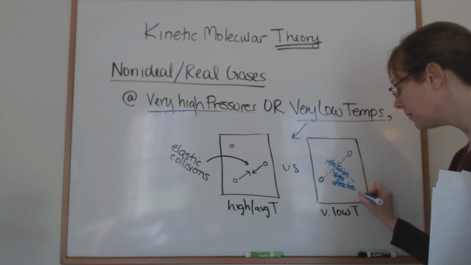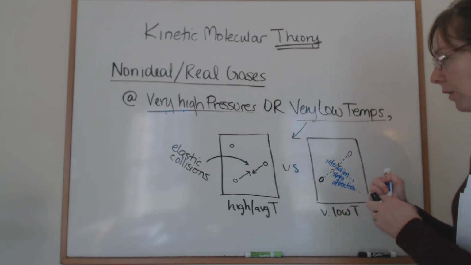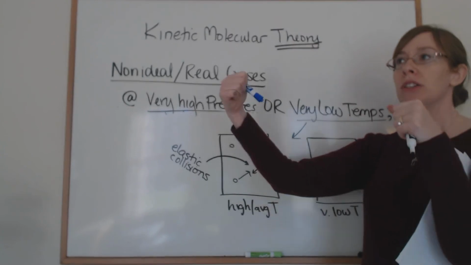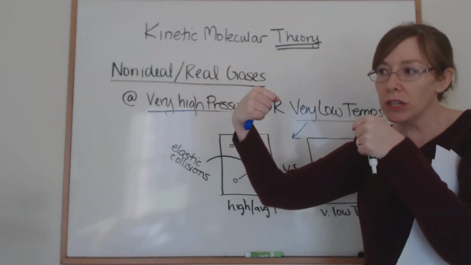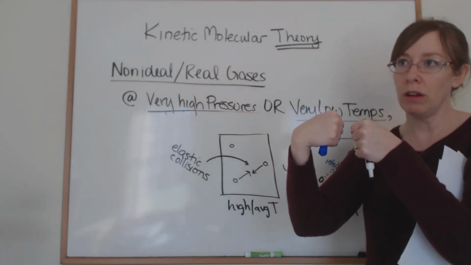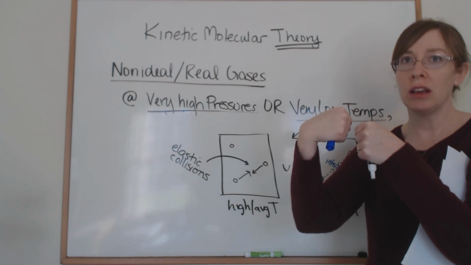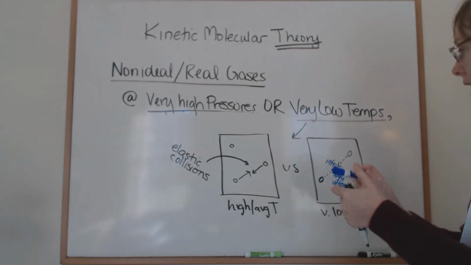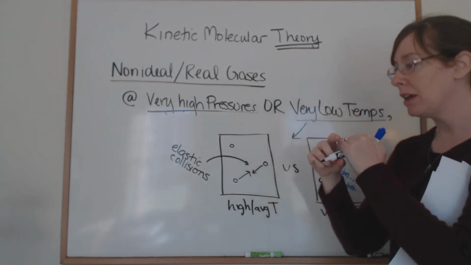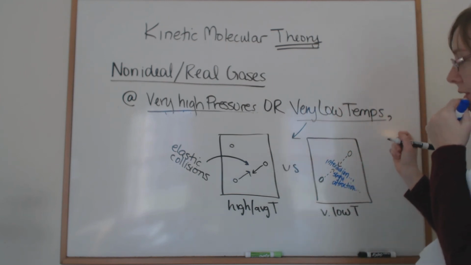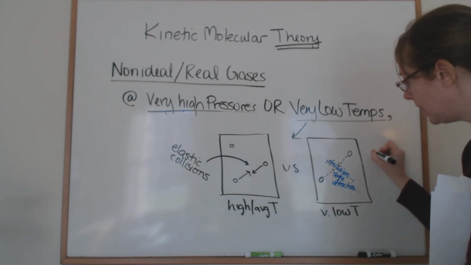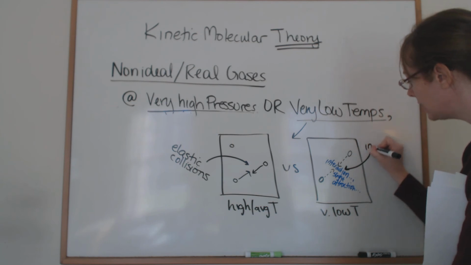The type of intermolecular forces we will save for a later chapter, but for right now, just think of them as they're approaching each other. They're going to be slightly attracted to each other, and they'll start to exchange a little bit of energy, and you'll actually lose some energy to the interaction. And what happens here is we would call this an inelastic collision.